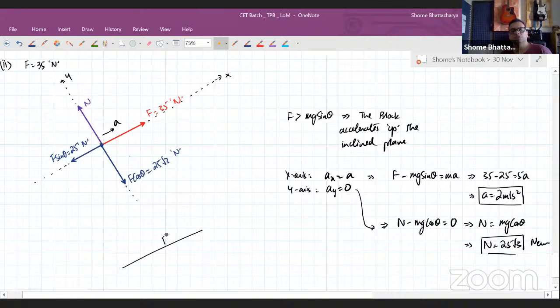So what is happening is, because we are pushing this block with a force which is greater than mg sine theta, it is having an upward acceleration like this. Okay, so hope the working is clear to all of you here and the example.